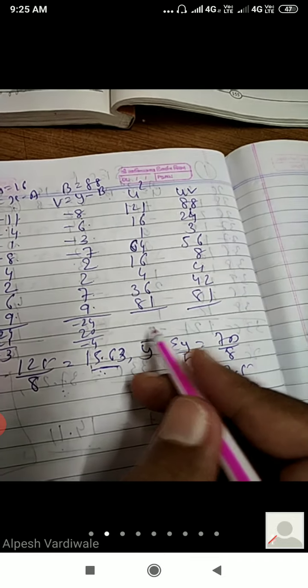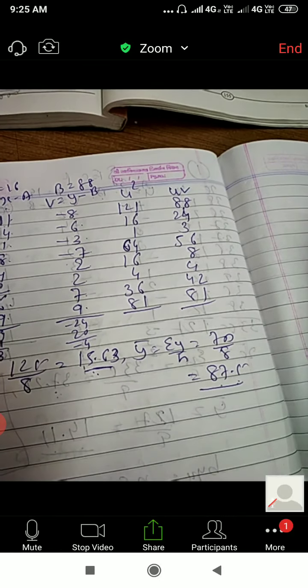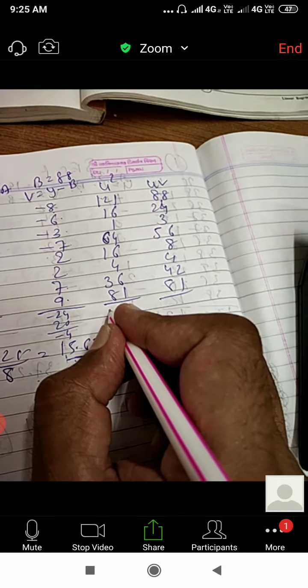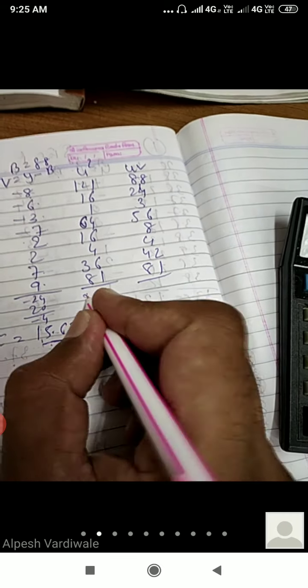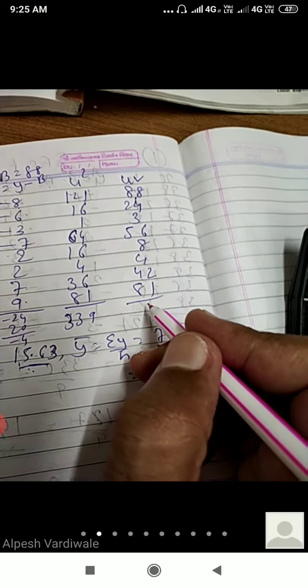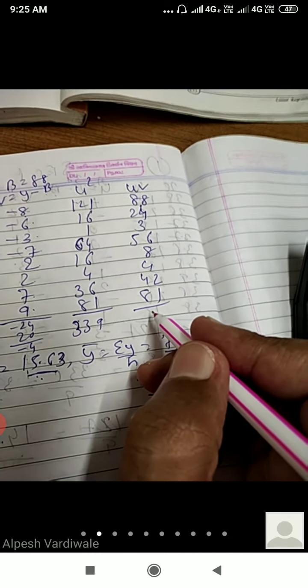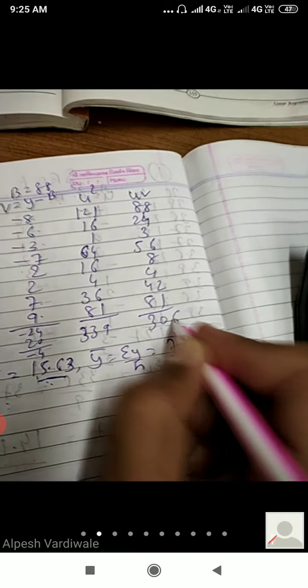So now here byx is equal to n into sigma UV minus sigma U into sigma V, divided by n into sigma U square minus sigma U whole square. So the value of n is 8, sigma UV is 306, sigma U is minus 3, sigma V is minus 4, divided by n, n value is 8, sigma U square is 339, and sigma U whole square, so minus 3 whole square.